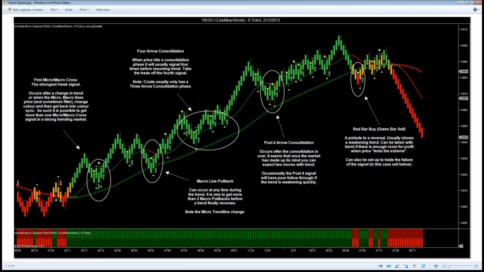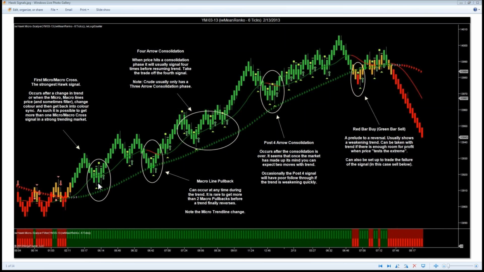Here's what we call, or what I call a cheat sheet. This is for the Hawk Scalper, and it identifies the 5 most prominent signals that we look for. So we're looking for, in the case of the Hawk, our first micro-macro crossover signal. It's when the micro line, that's this thin one, crosses over the macro line, and we generate a signal where everything is in sync.